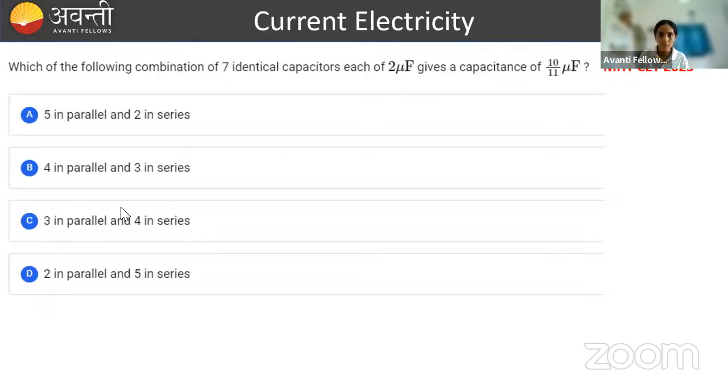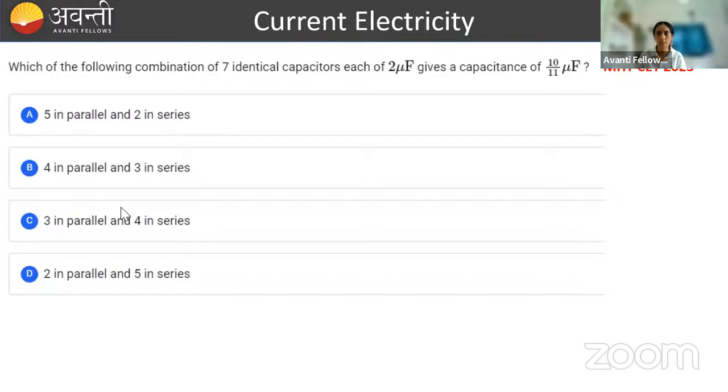Okay, JNV Tinsukia. Yeah, that is correct. Okay, 3 of you answered in the poll. Why have only this few people answered? Only one correct answer I can see in the poll.